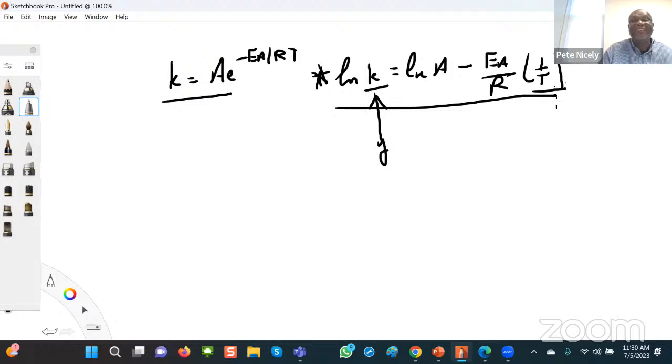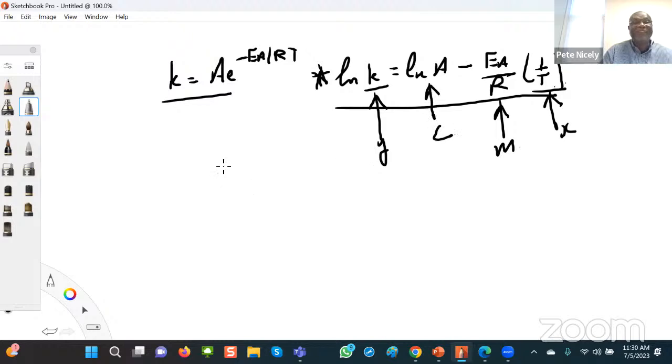The 1 over T will be plotted on the x-axis. And what you're going to get is a line with a negative slope, which would be equal to minus EA over R. And ln A would be the y-intercept, all right?